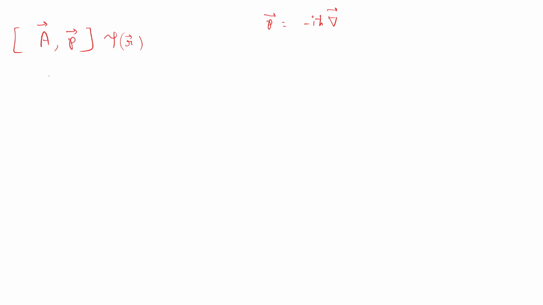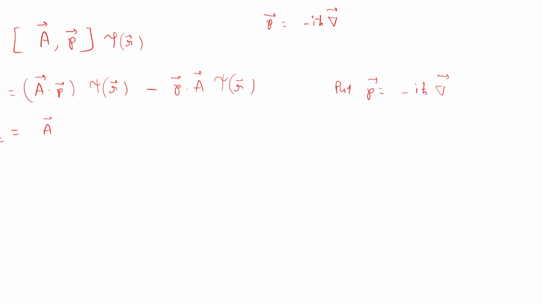So A dot P of psi of R minus P dot A of psi of R. This is what we need to find. We'll now replace P with minus i h cross gradient.